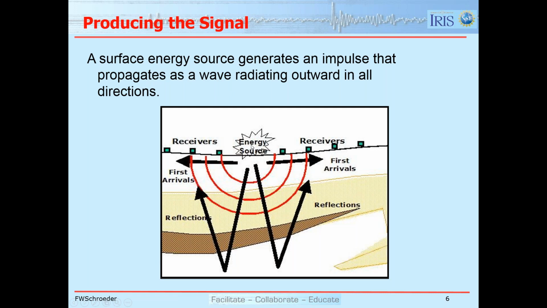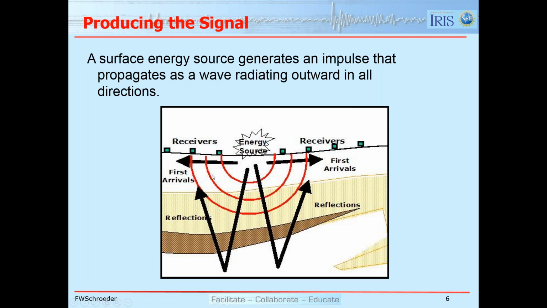Let's say we have dynamite. That's not too common of a source these days, but it is still used in certain cases. We have a stick of dynamite, it explodes, the energy goes down, hits an interface, and comes back up, and our receivers or listening devices catch those reflected waves.